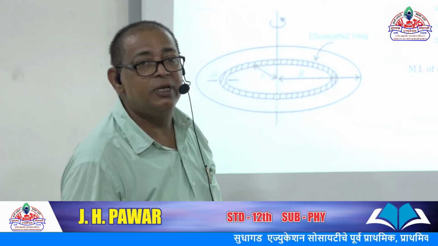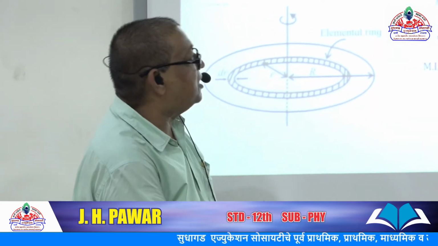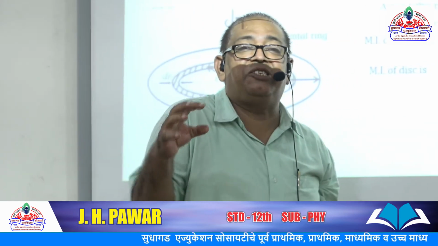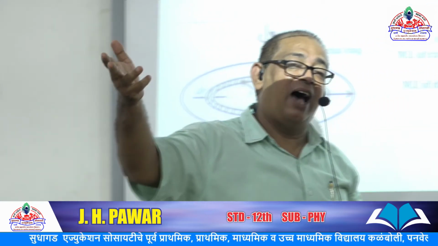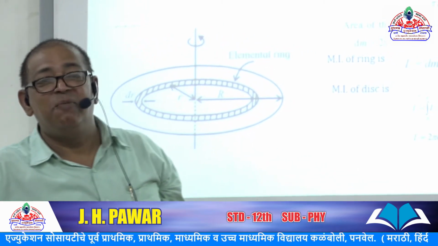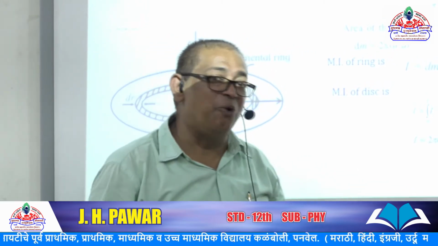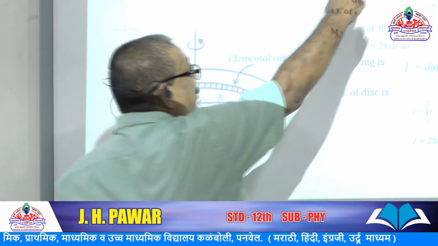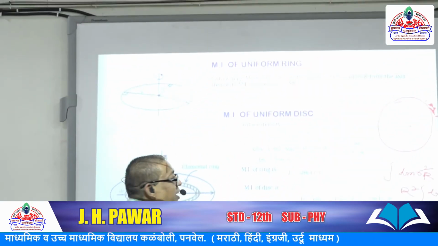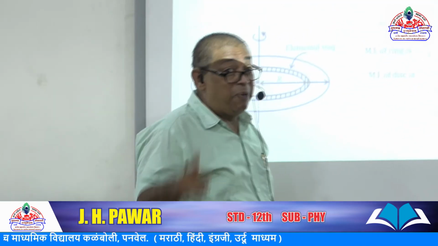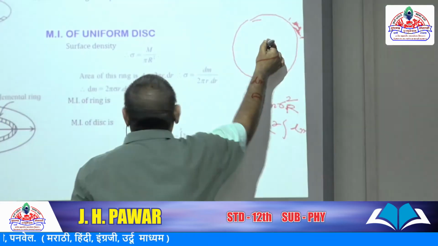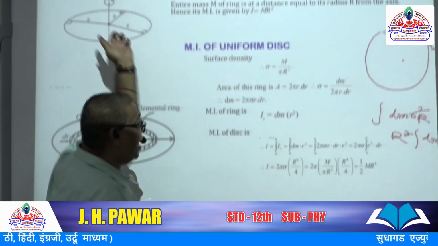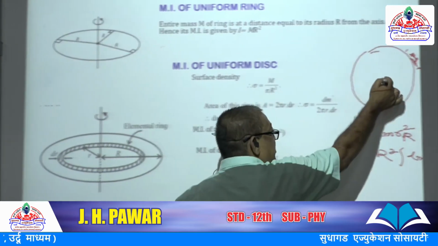In your book, they directly suggest that the total mass is concentrated on the circumference at a fixed distance r, meaning radius, from the axis of rotation. So we can take the moment of inertia directly, I equals m r square, about an axis perpendicular to its plane and passing through the center, as shown in the figure. It is a 3-dimensional case and it is a 2-dimensional one.